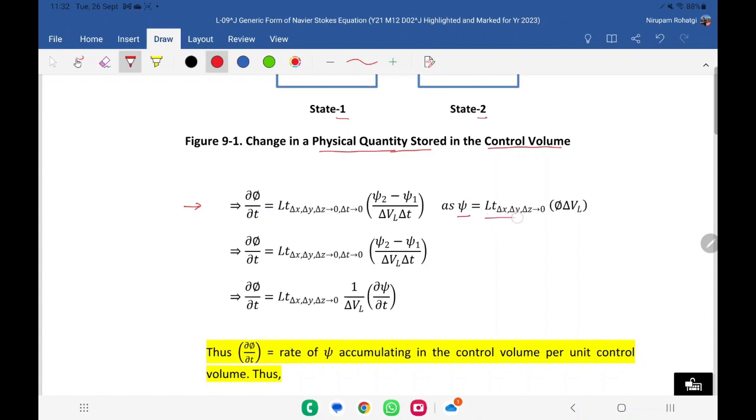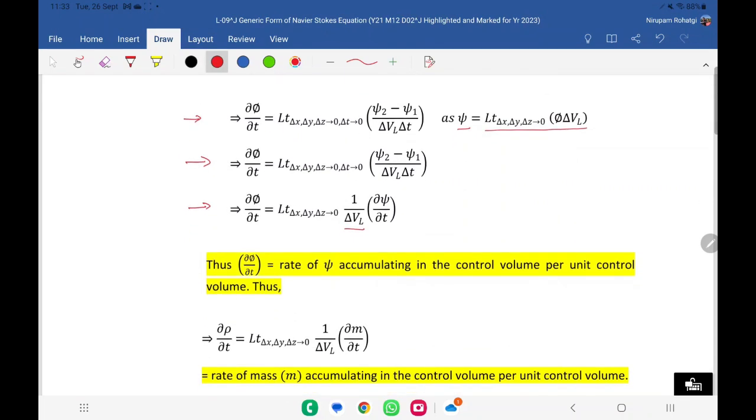Psi is nothing but phi into delta VL when delta VL is approaching 0. Okay. So we write it like this. Again same thing, it was not required. Okay, then you take out delta VL. This VL is not changing, it's a control volume, so you can take it out of the derivative. Okay, so this is the equation we get.